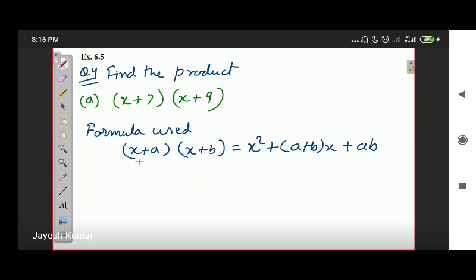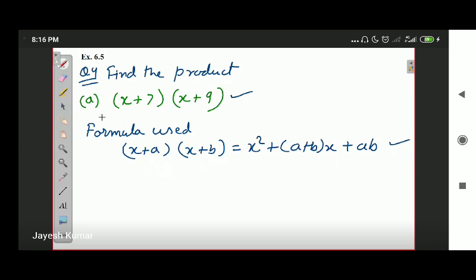What is the similarity between this multiplication and this formula? See, the first term of both the brackets are same. After that, the second term of both the brackets are different. There can be any second term. So the first term is x, and in place of a we have 7, in place of b we have 9. So we are going to apply the formula accordingly.